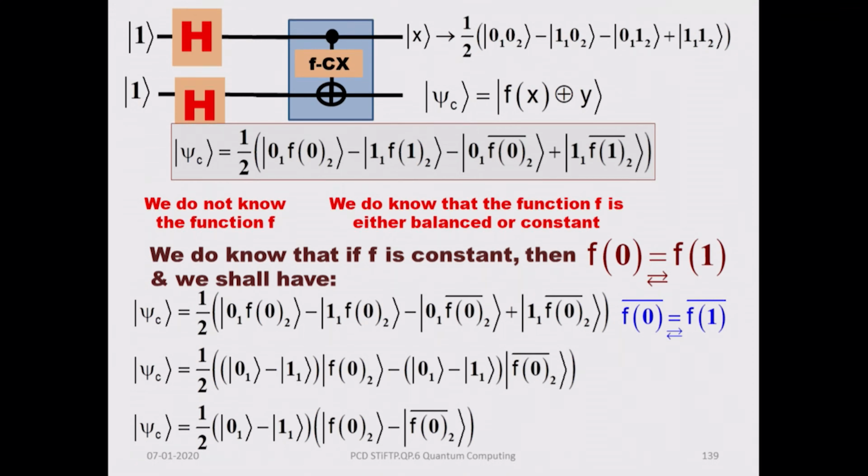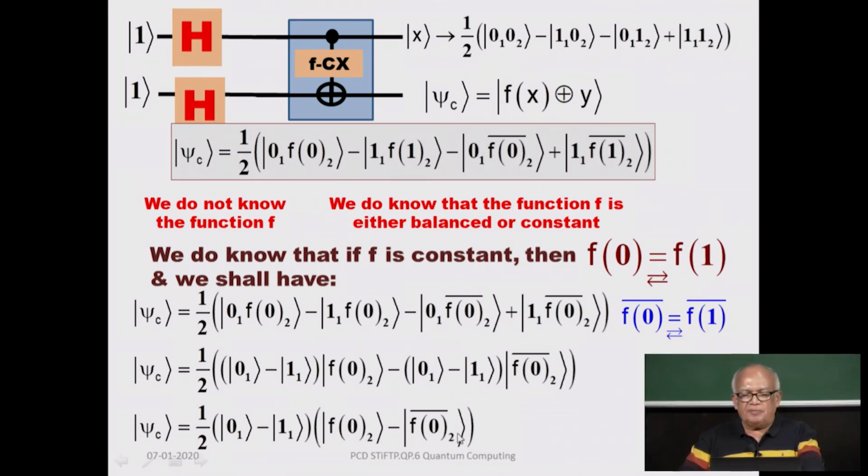So, you can just substitute these values and you can see that this state can be factorized between this f0 2 minus f0 2. So, this is one bracket, these two terms, and this is the other bracket. You have been able to factorize it, one of which is a vector which you are familiar with. You have met this qubit on the Bloch sphere.